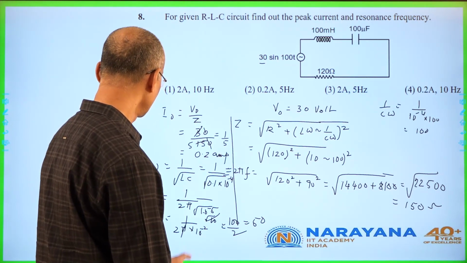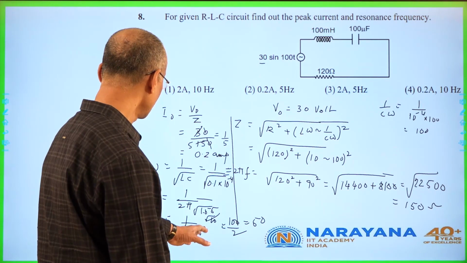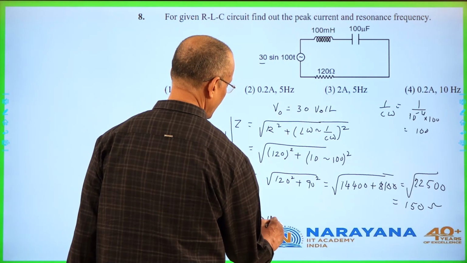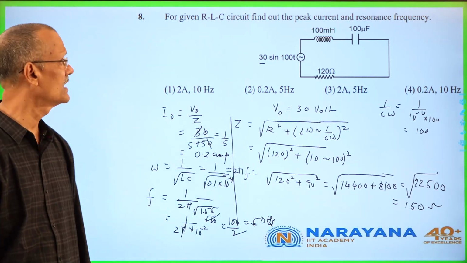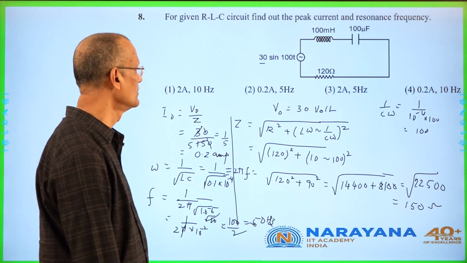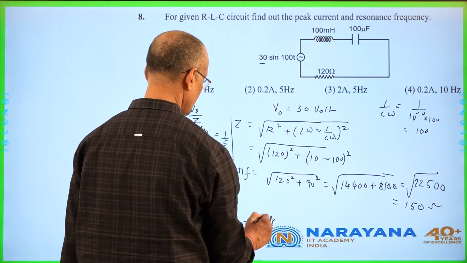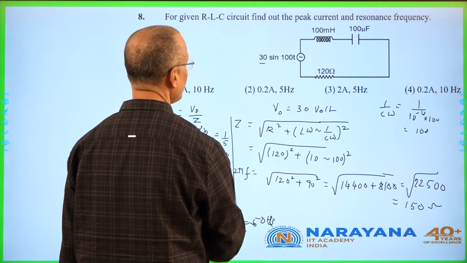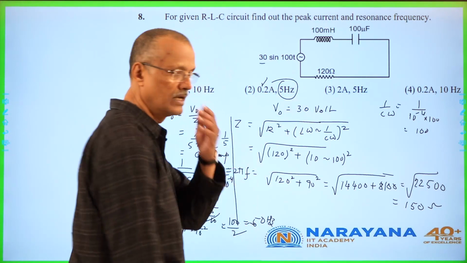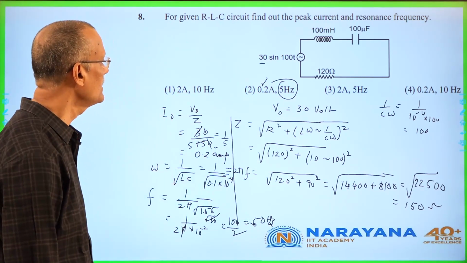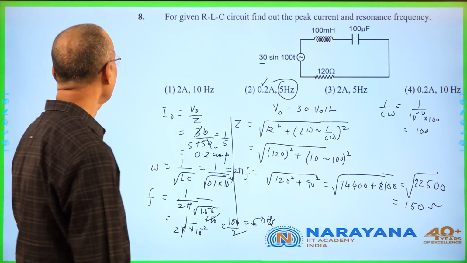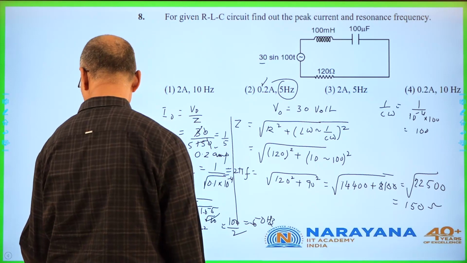Root 10 I will be cancelling, it will become 100 by 2, yes, I am getting 50 hertz. Anyhow, it is a memory based question, so there will be some mistake in giving the numerical value. So for I peak, 0.2 ampere I am getting, so this part is correct. Here it should be around 50 hertz, I feel. Anyhow, let us move to next question.